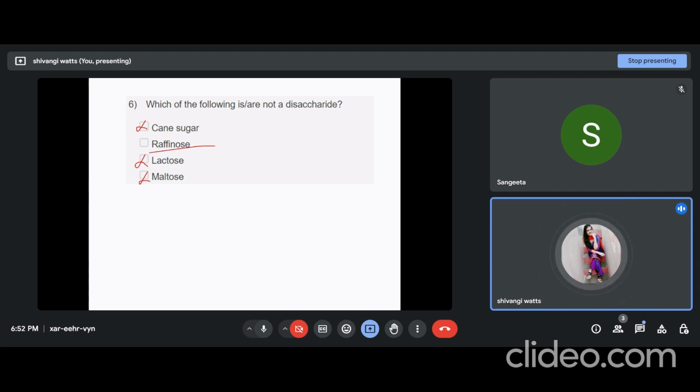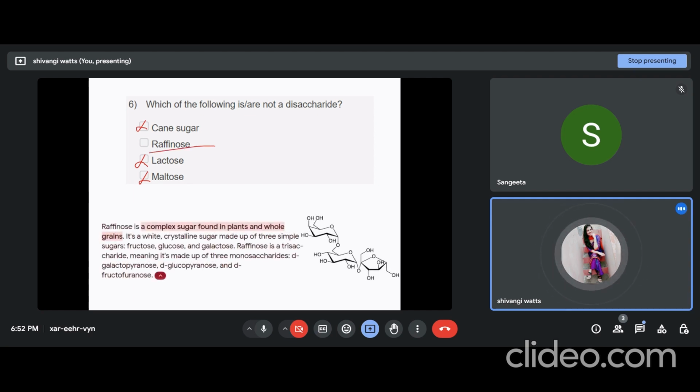So if you see raffinose, this is not a disaccharide. Three monosaccharides come together to form one molecule of raffinose. So this is not di, it is a trisaccharide. Raffinose is a complex sugar found in plants and whole grains. It is a white crystalline sugar made up of three simple sugars: fructose, glucose, and galactose.